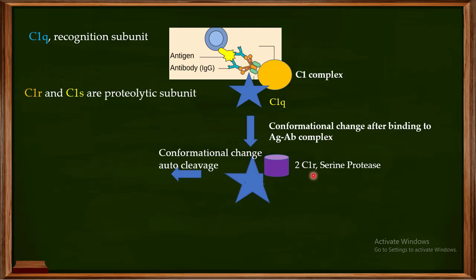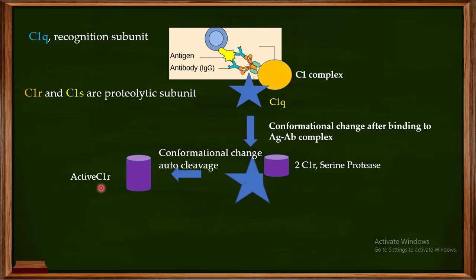So when the conformational changes take place, the C1r gets activated and goes for auto cleavage, and when it auto cleaves itself, you get the active C1r. So you can say that this conformational change is responsible for the activation of the serine protease property of the C1r, and because of the activation of the serine protease activity, it auto cleaves itself, thereby converting itself into the active form.